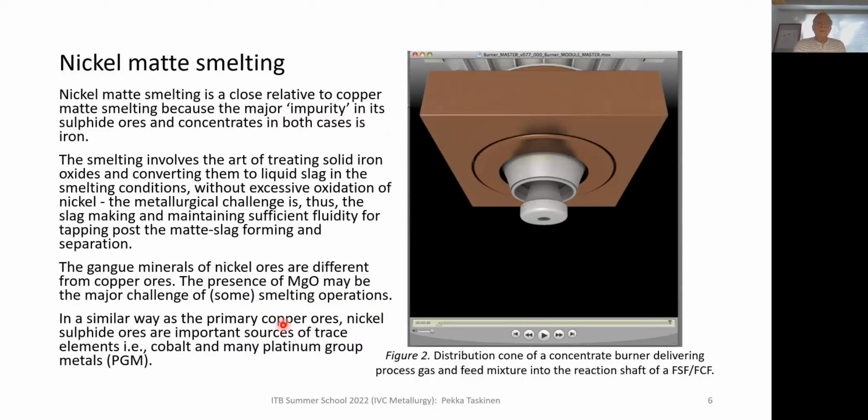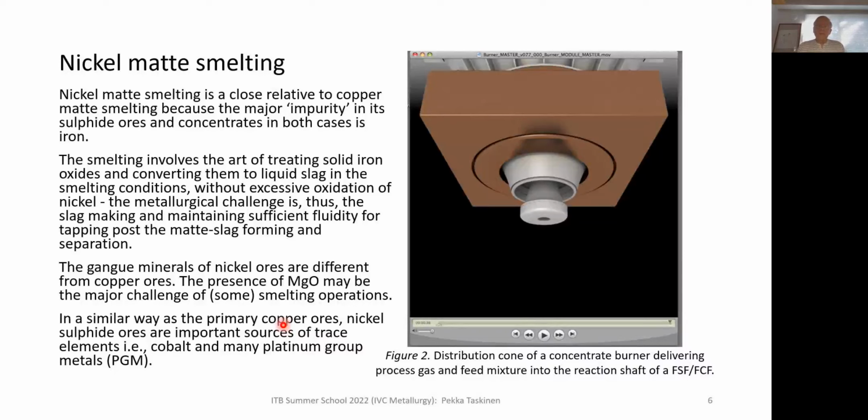So, as I said, nickel matte smelting, chemically and in terms of technical operations, is a close relative of copper matte smelting, because in a similar way as chalcopyrite, the main mineral in copper pyrometallurgy, pentlandite contains a lot of iron, so approximately the same atomic fraction of iron as there is nickel.